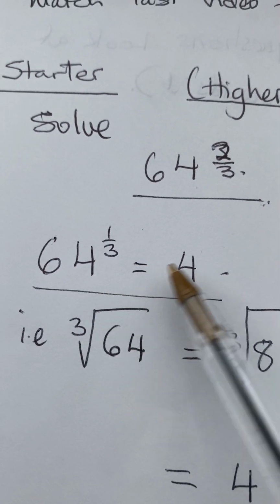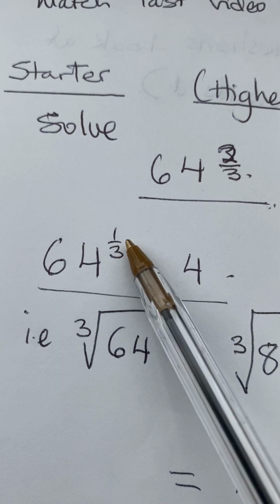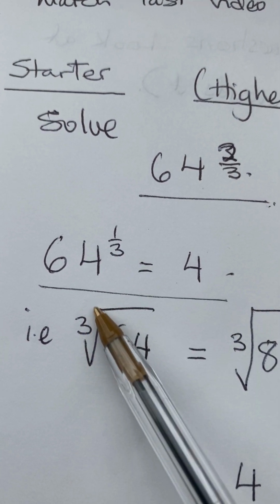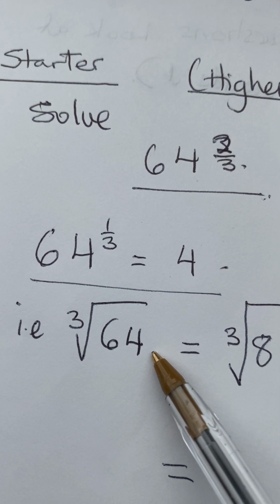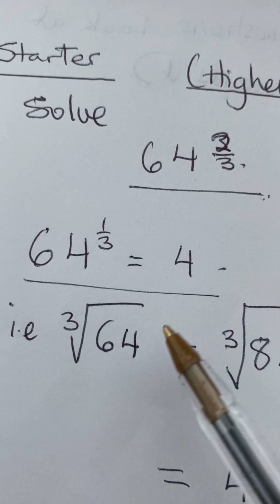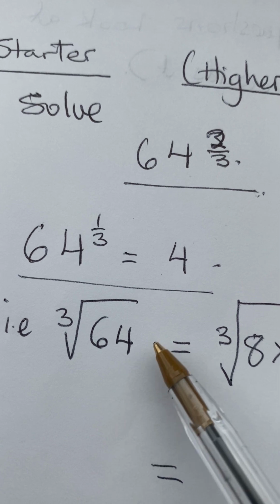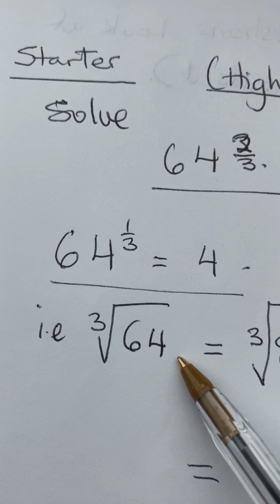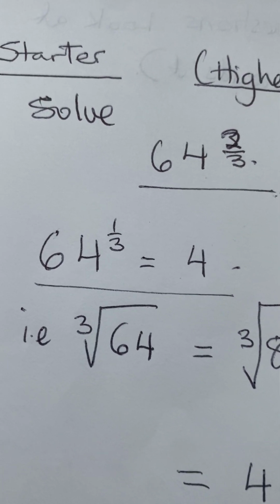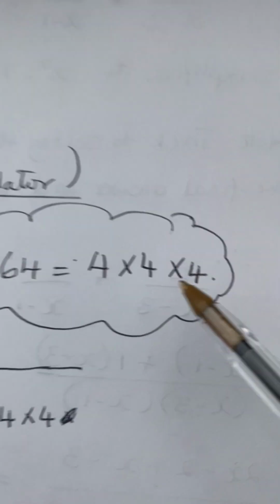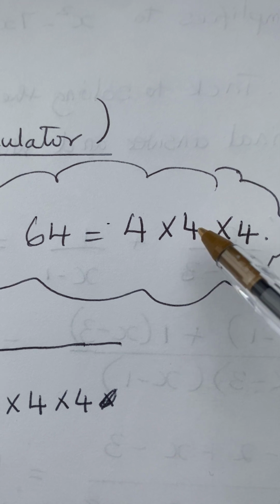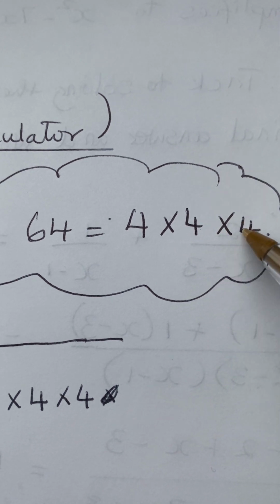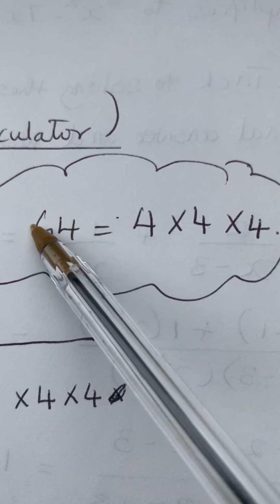Now 64 to the power 1/3 is the same as the cube root of 64. Okay, we've done cube roots in our earlier videos, so this is just an application. So 4 times 4 is 16, times 4 is 64.